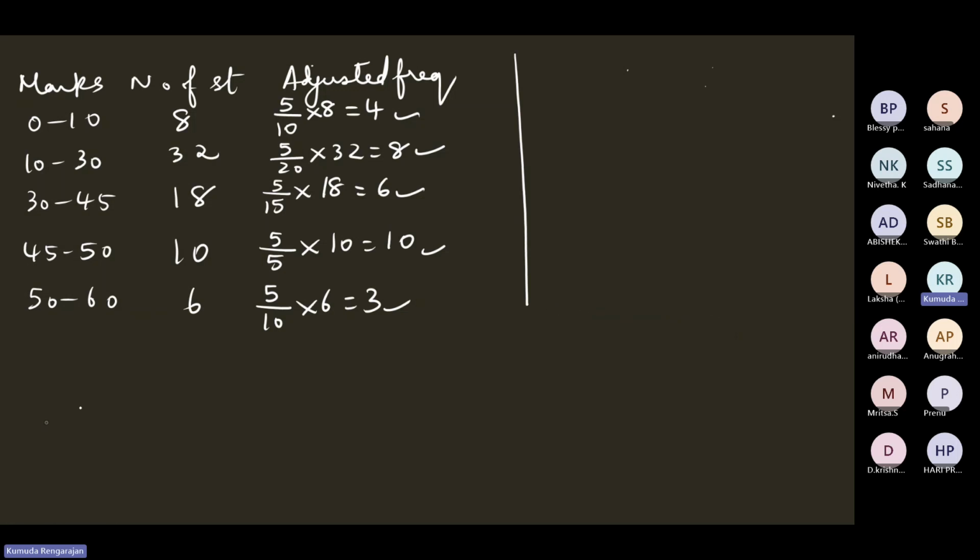You take all the values: 0, 10, 20, 30, 40, 50, 60. All right. Now, what's the height? 0 to 10, what should be the height? Don't see this one. This one, the height should be 4.